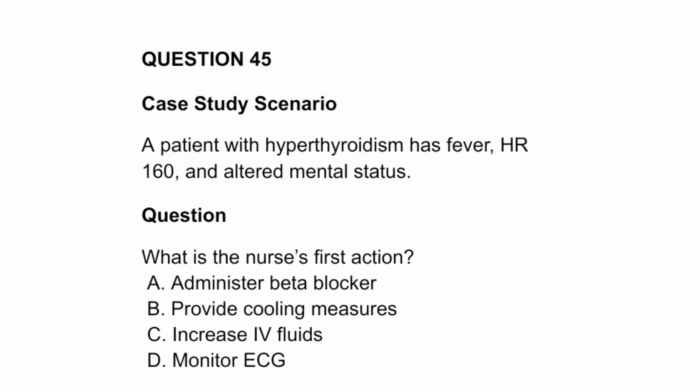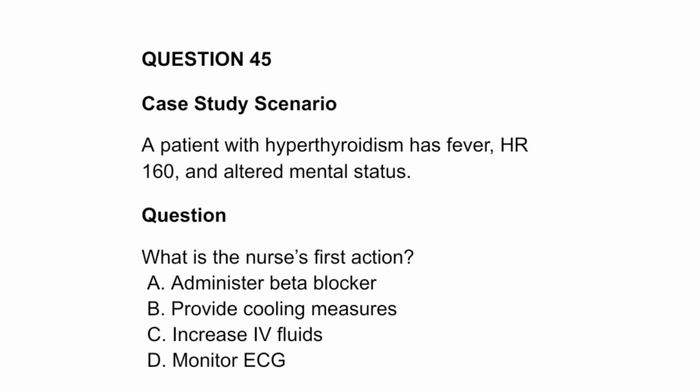Question 45. Case study scenario. A patient with hyperthyroidism has fever, heart rate 160, and altered mental status. Question: what is the nurse's first action? A. Administer beta blocker. B. Provide cooling measures.